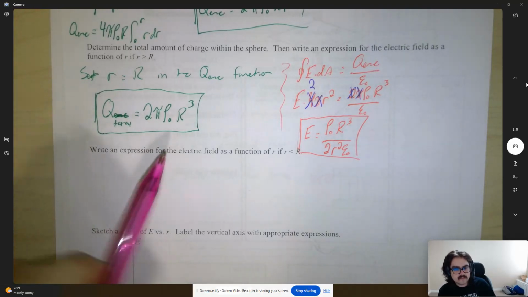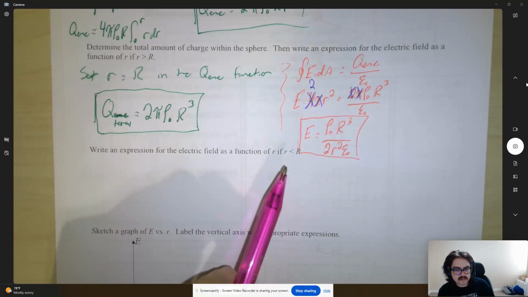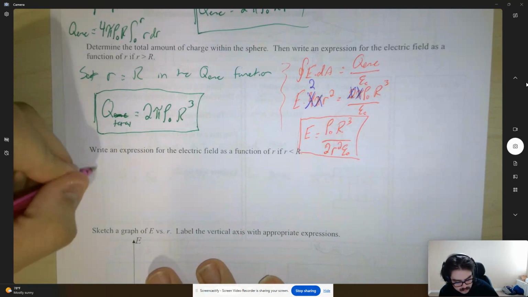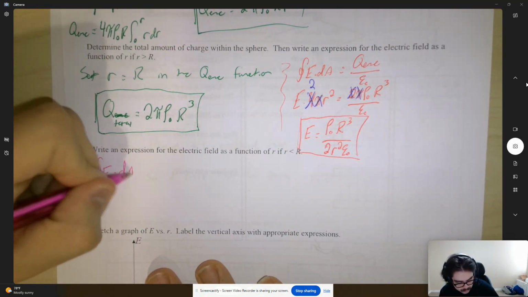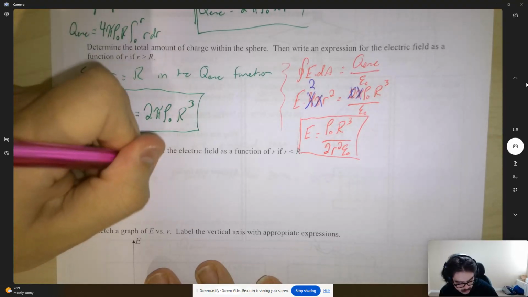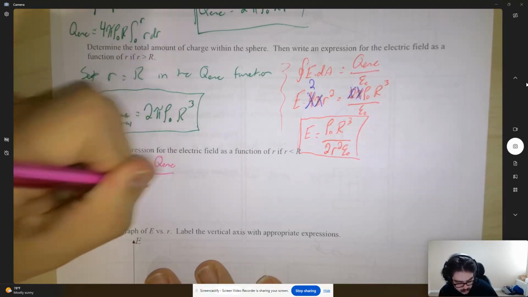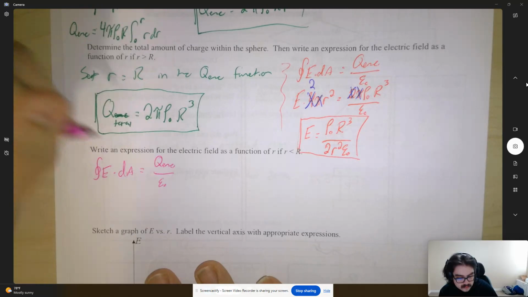An expression for the electric field as a function of r if little r is less than big R. That's going to be the surface integral of E dot dA equals Q enclosed over epsilon naught.